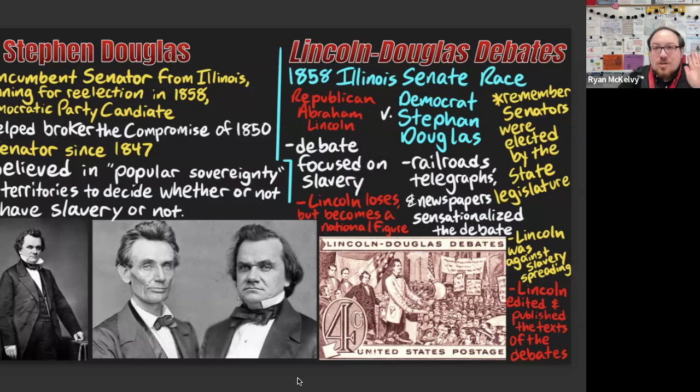And so that will cause a huge problem when it comes to the settling of Kansas and Nebraska, which we'll talk about in a moment. And he will have a challenger in the 1858 Illinois Senate race, a young Republican named Abraham Lincoln. Republicans at this point were a brand new party.